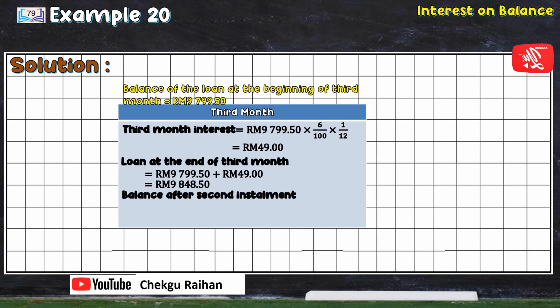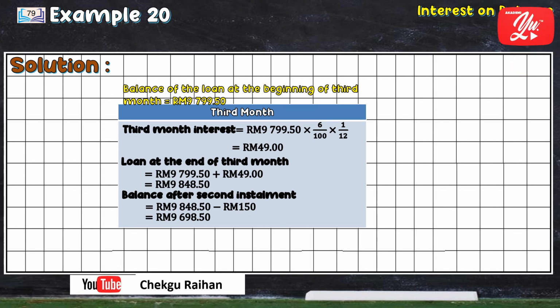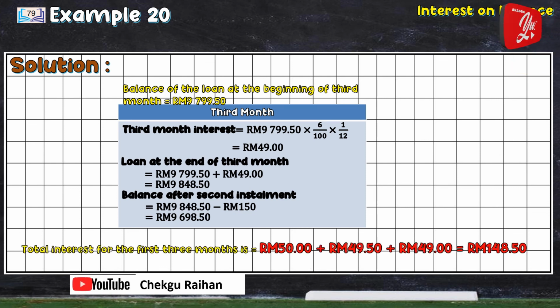Balance after the third installment will equal to Ringgit Malaysia 9,698 and 50 cents.